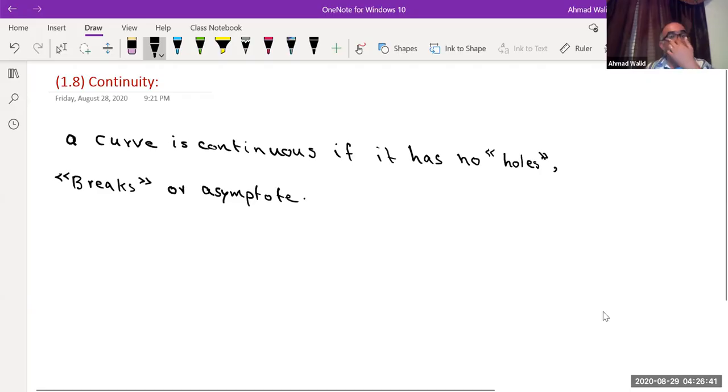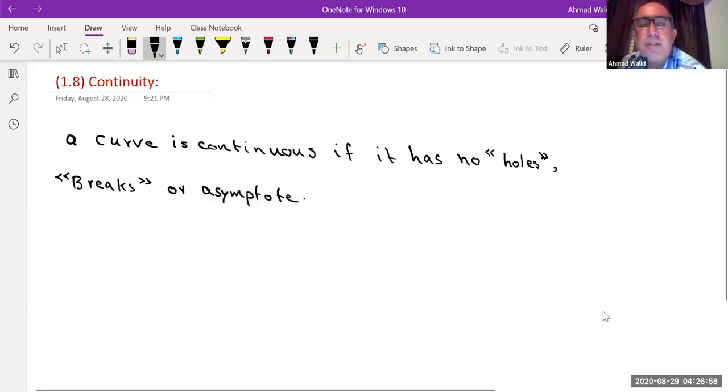Any function that has no hole in it, no break in it, or no asymptote in it, we call continuous.